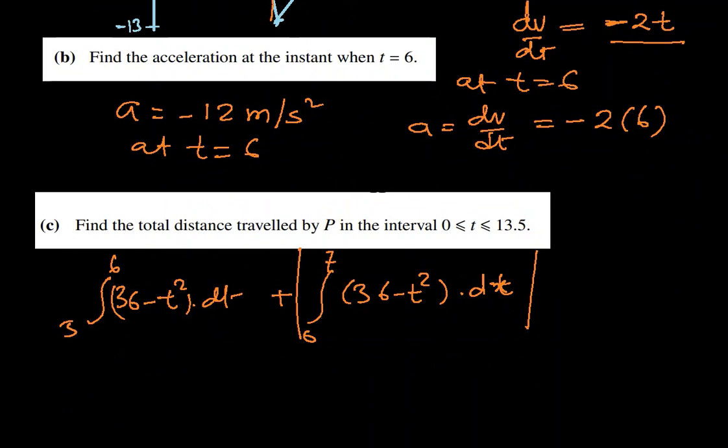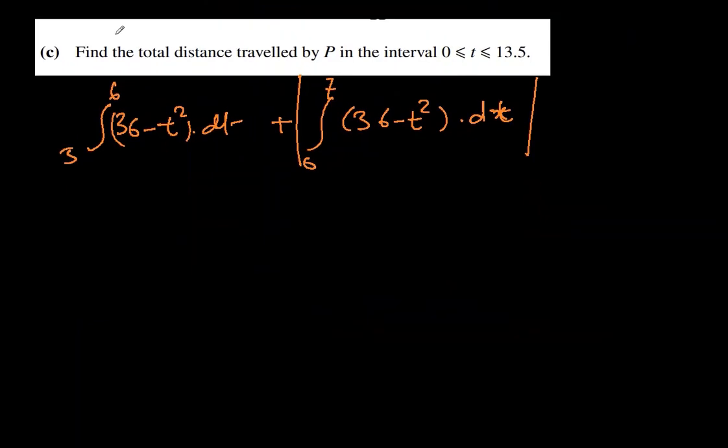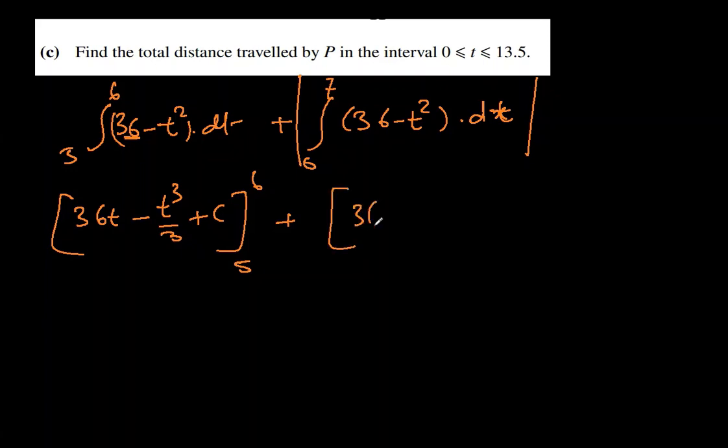Let's do it now. Integration of 36 is 36t, minus t squared integration will be t cube over 3, plus c, from 5 to 6, plus the same 36t minus t cube over 3 plus c from 6 to 7, absolute.